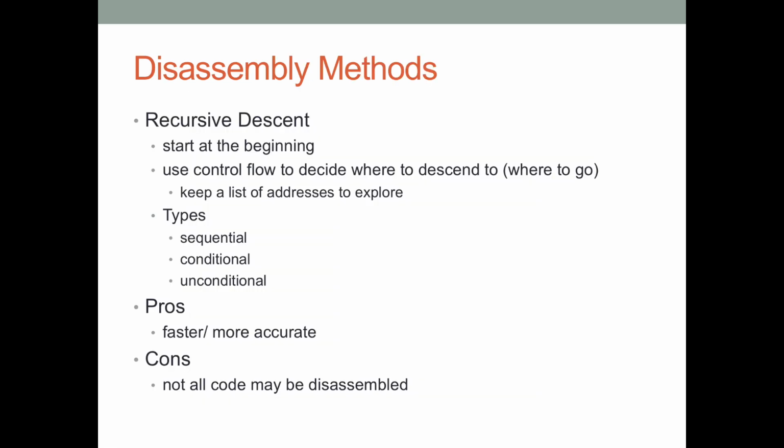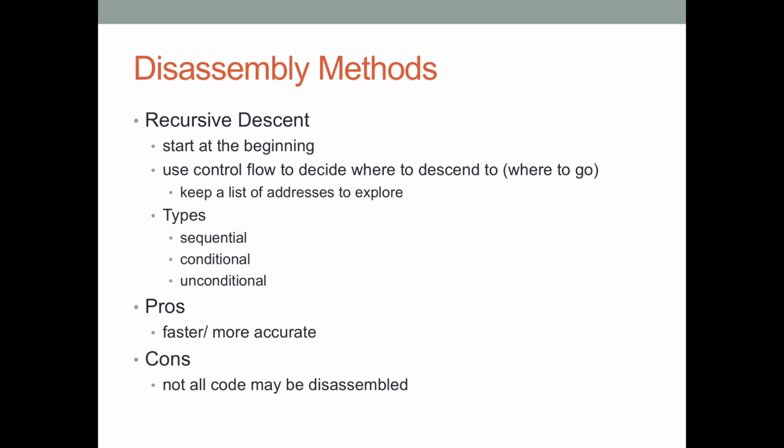Okay, recursive descent starts at the beginning, uses control flow to decide where to descend to, and keeps a list of addresses to explore. This generally gives you a better disassembly, in that it only goes to memory locations and disassembles those instructions if they're referenced.